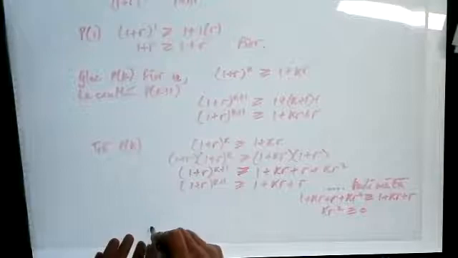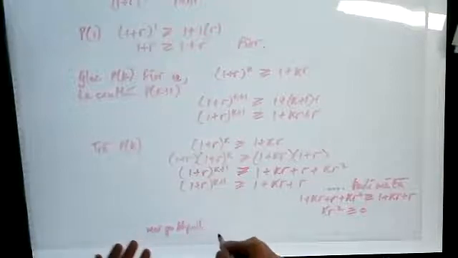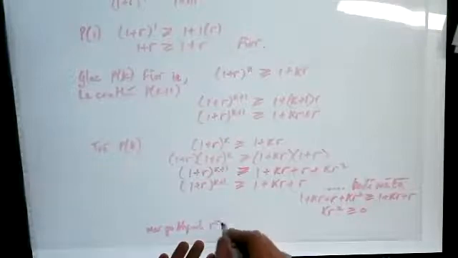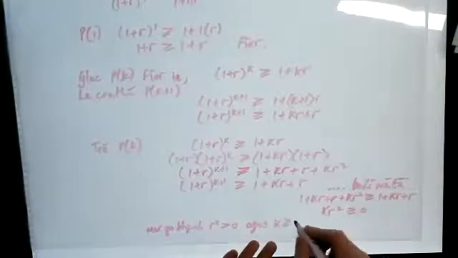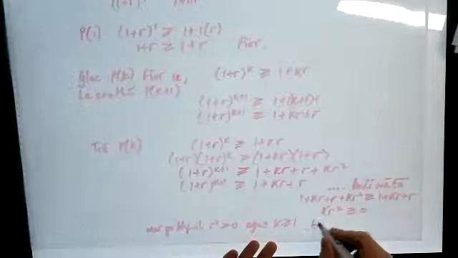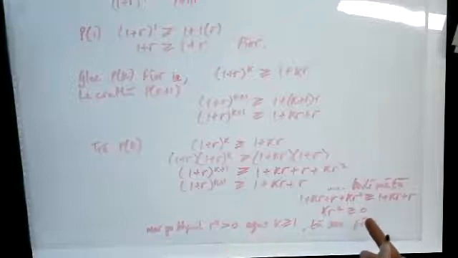Now, r squared is greater than or equal to 0, because a squared number, whether negative or positive, is greater than or equal to 0. And k is greater than or equal to 1, so kr squared is greater than or equal to 0.